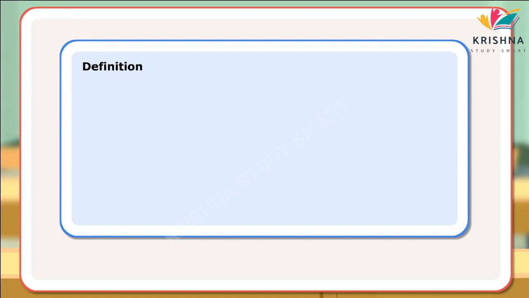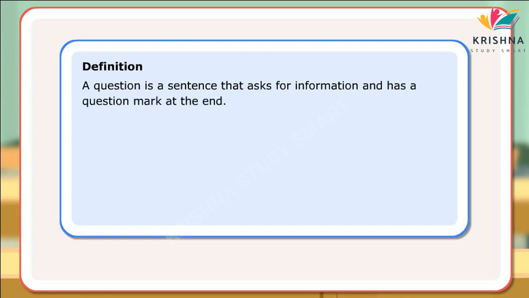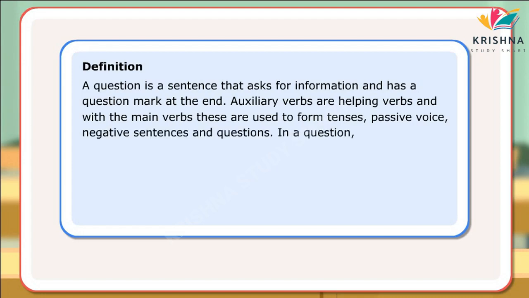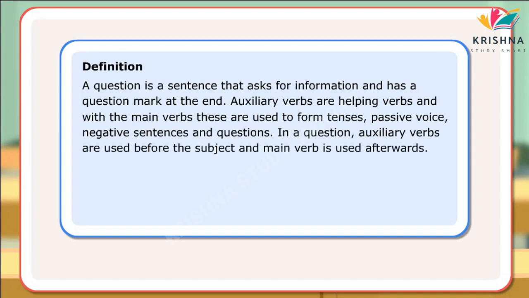Definition. A question is a sentence that asks for information and has a question mark at the end. Auxiliary verbs are helping verbs, and with the main verbs, these are used to form tenses, passive voice, negative sentences, and questions. In a question, auxiliary verbs are used before the subject and the main verb is used afterwards.